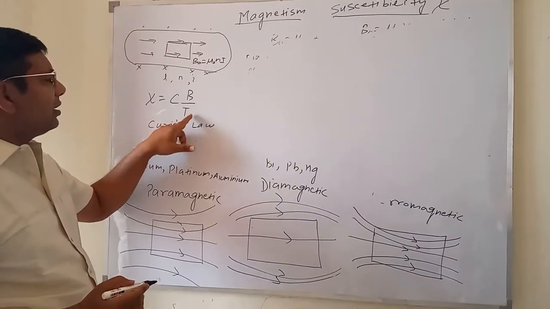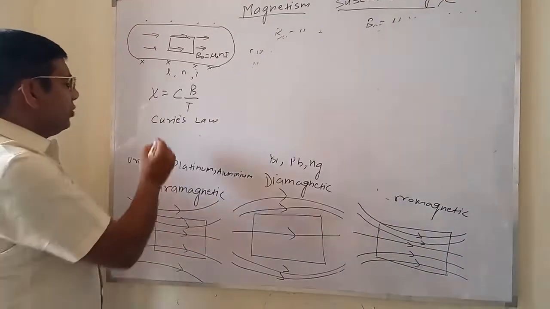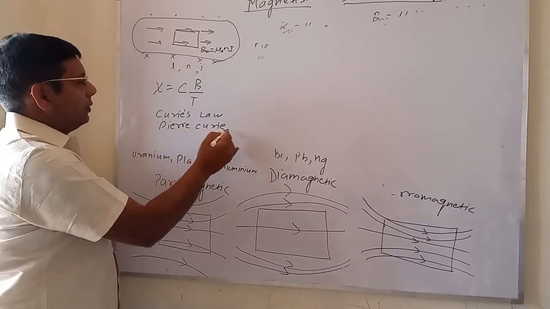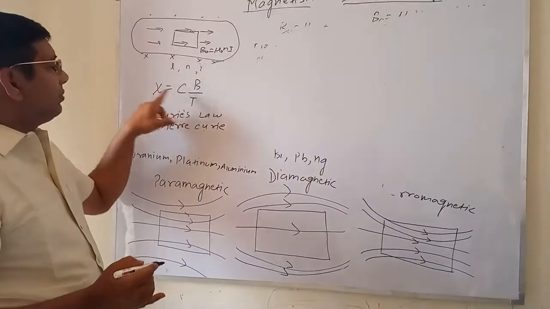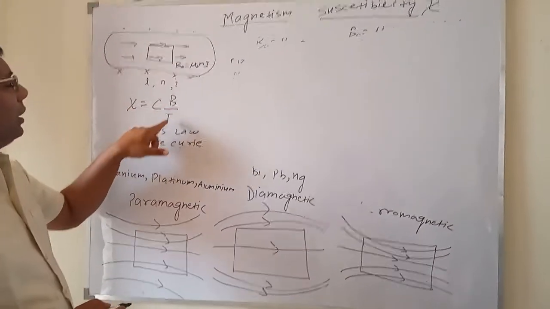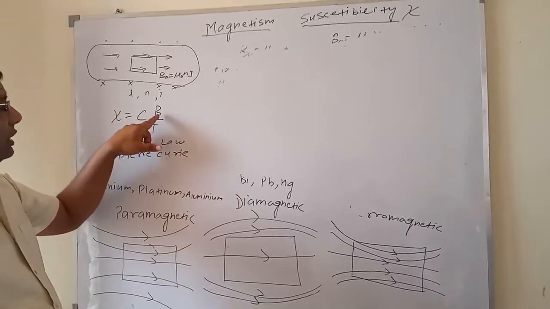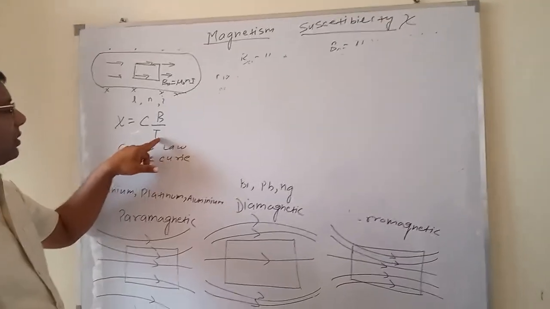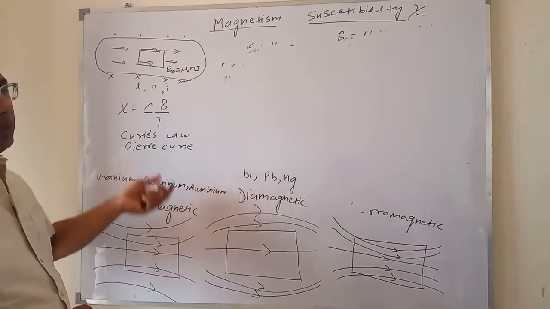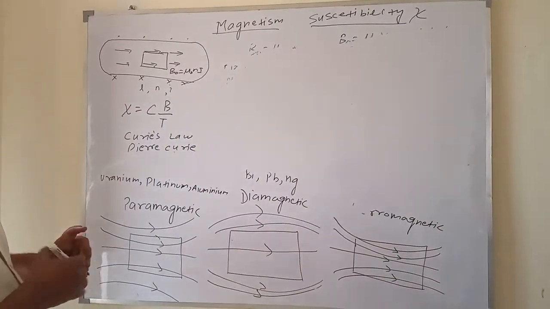Approximately in 1900, Pierre Curie gave this formula that magnetization is proportional to the magnetic field and inversely proportional to temperature. If we increase the temperature, susceptibility will decrease. Okay, so this is one thing.